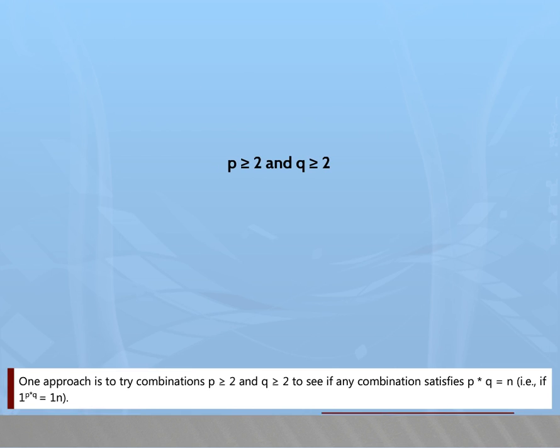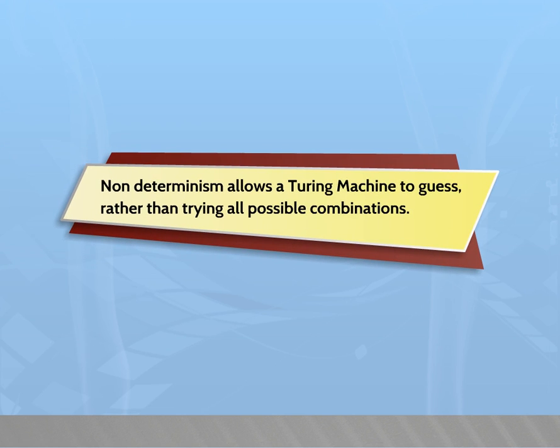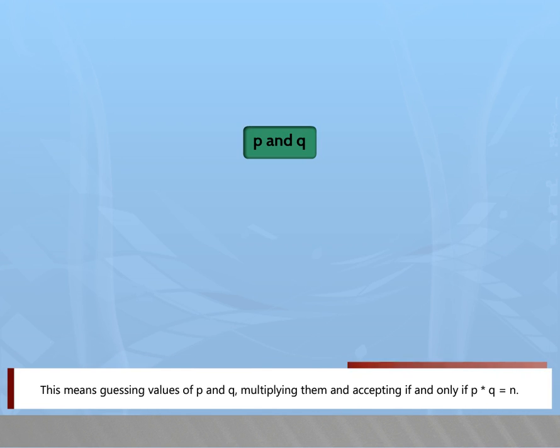One approach is to try combinations p ≥ 2 and q ≥ 2 to see if any combination satisfies p*q = n, that is, if 1^(p*q) = 1^n. Nondeterminism allows a Turing machine to guess rather than trying all possible combinations. This means guessing values of p and q, multiplying them, and accepting if and only if p*q = n.